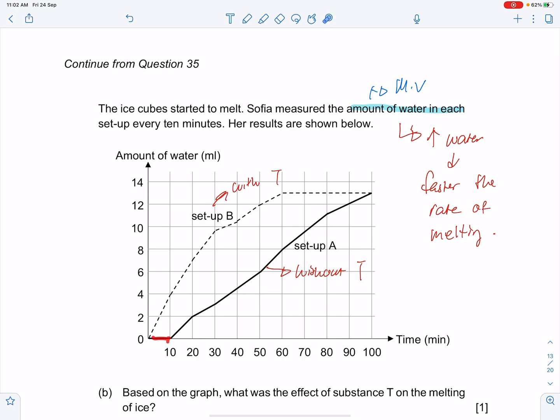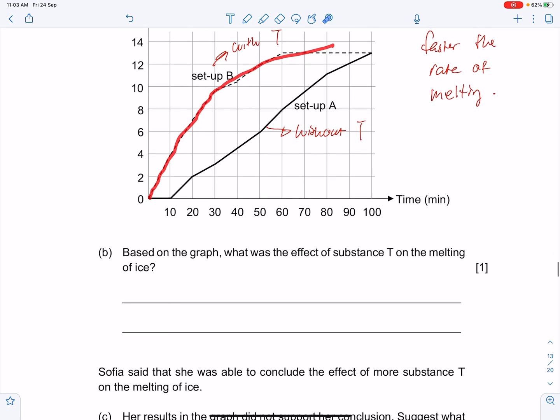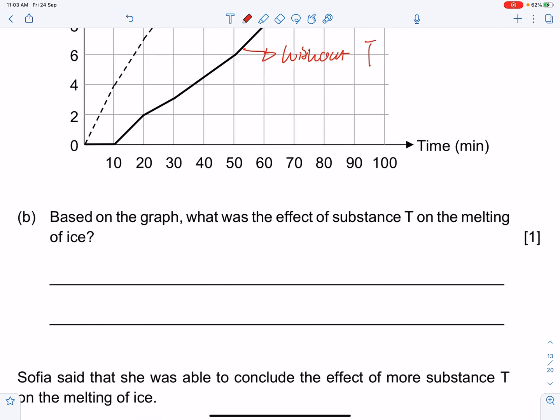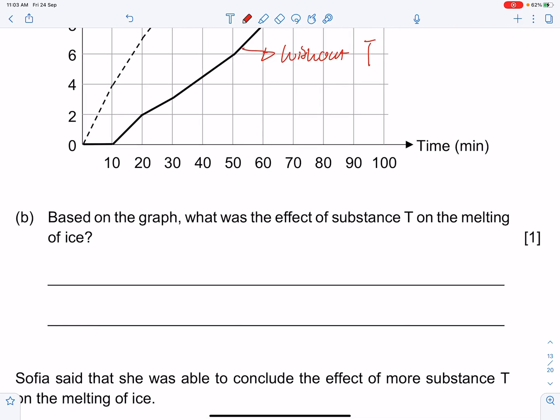You would know that this takes a longer time to eventually reach a higher amount, whereas the other one, wow, straight away at 0 seconds starts to melt already with T. So it's very telling. So substance T increases the rate of melting of ice, or ice melted faster when substance T was added.